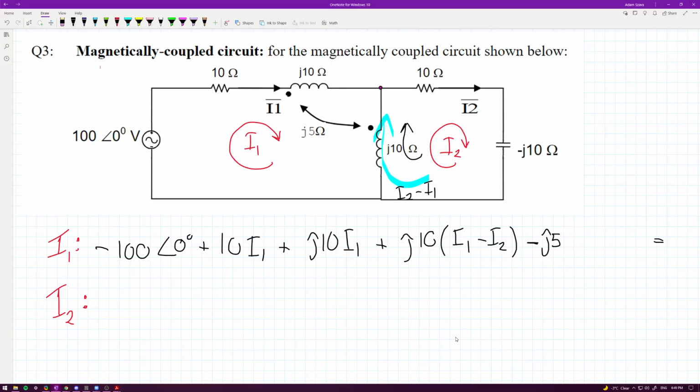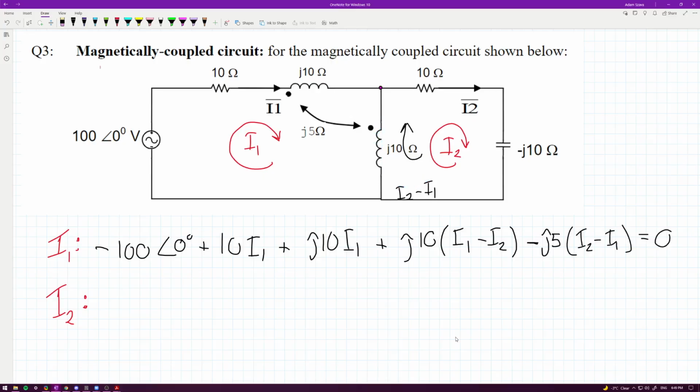So it's actually going to be I2 minus I1 there. Thank you, Hannah. Again, this current going up is inducing that charge, but that current is going to be some combination of I1 and I2.